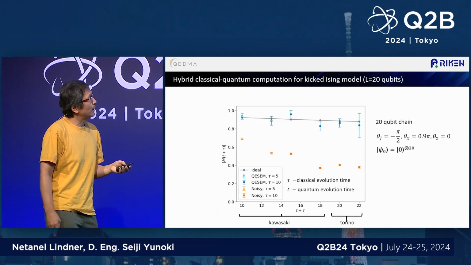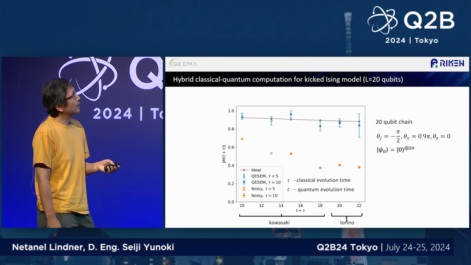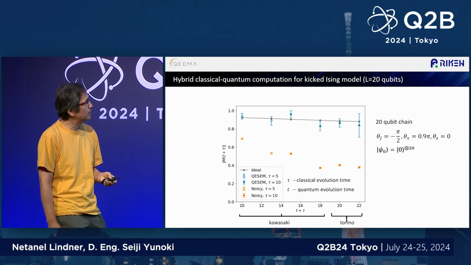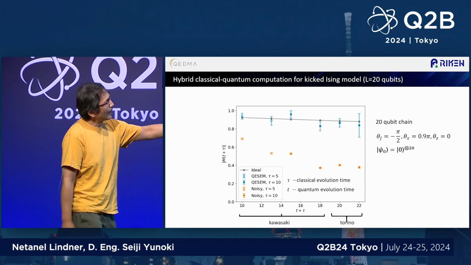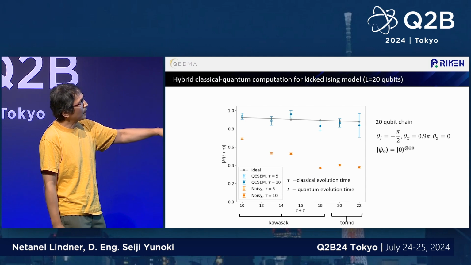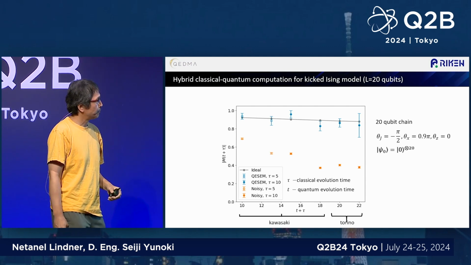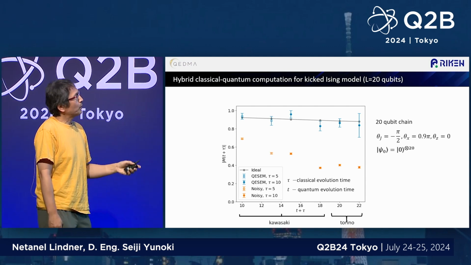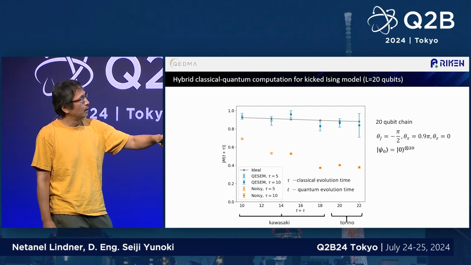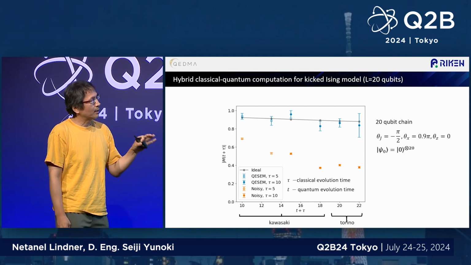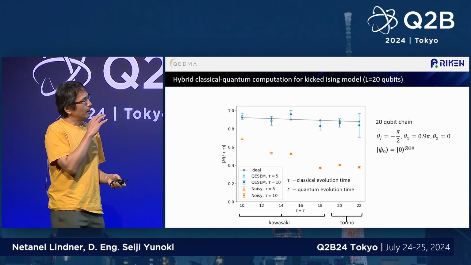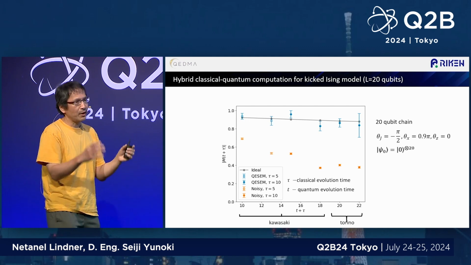And here is the demonstration of a hybrid classical-quantum computation for a characterizing model on a one-dimensional system of 20 qubits. The horizontal axis is the total evolution time divided into classical and quantum evolution time. In the quantum computer, we use IBM Kawasaki and IBM Torino, and for classical calculations, we use a tensor network method to backpropagate the average of the expectation value, the operator, I should say.